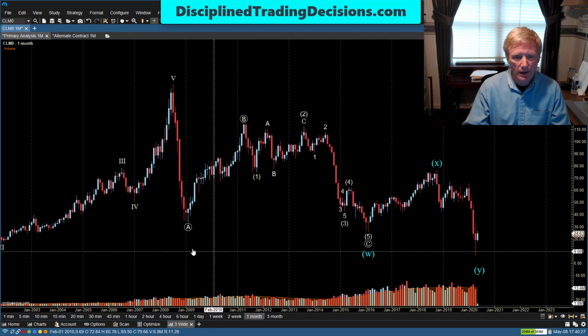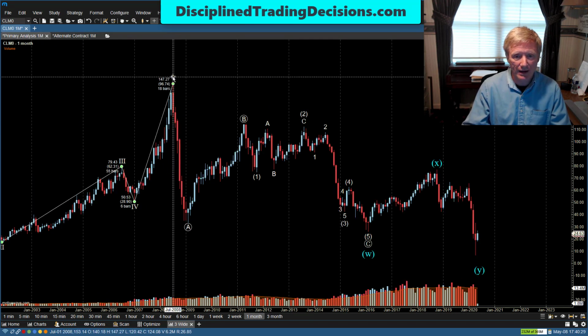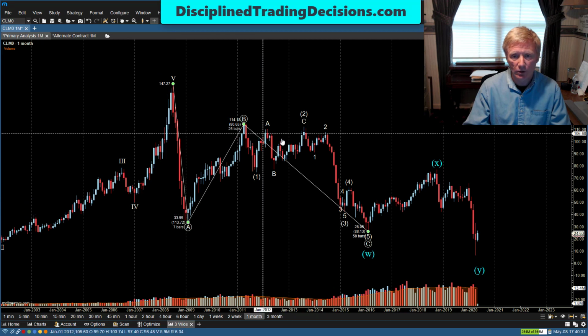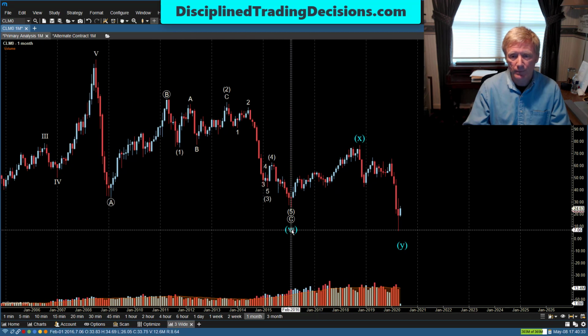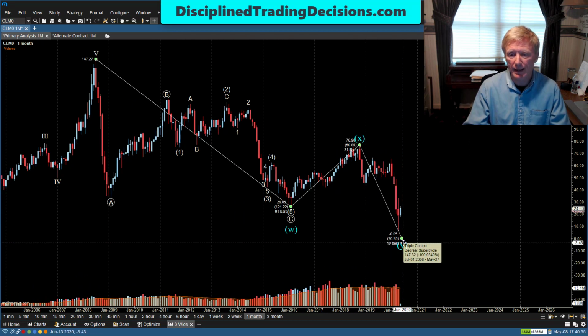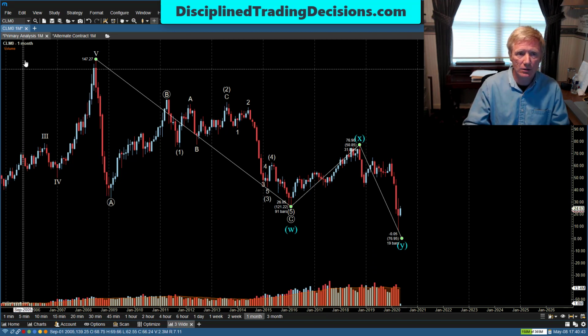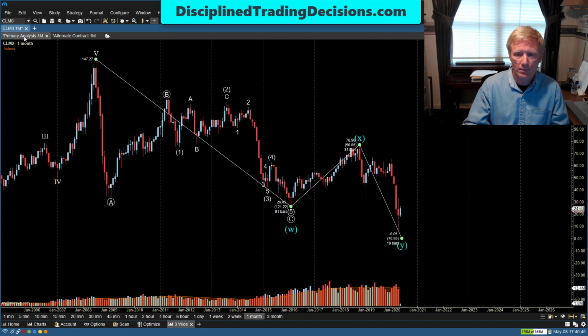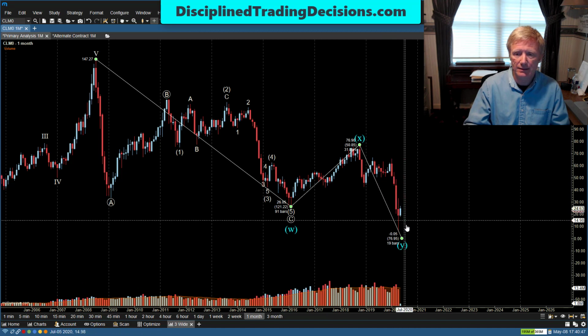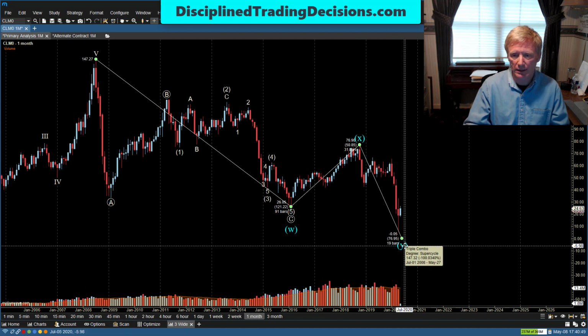Here's the other way. Here's your 5-wave move. I have 3 waves for W, X, Y, and this correction, multi-year correction, is either over or just about over. So let's take a closer look at this last wave here.